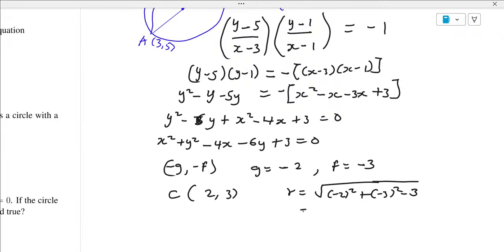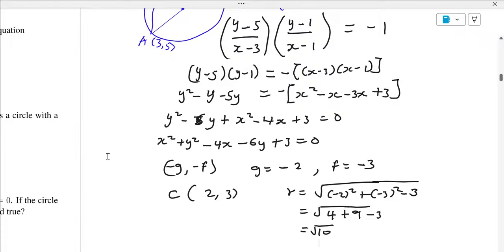In that case, we have 4 plus 9 minus 3, and that will give us 10. So we have our r to be square root of 10.